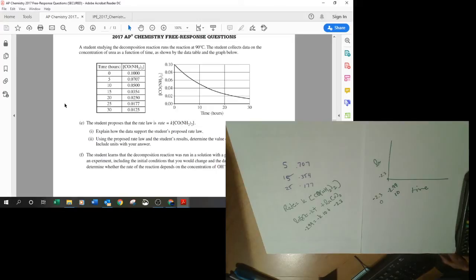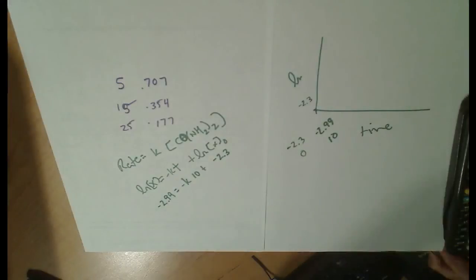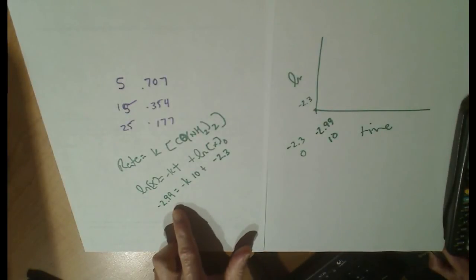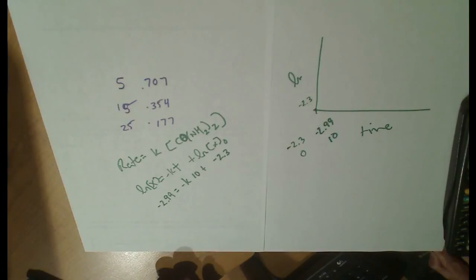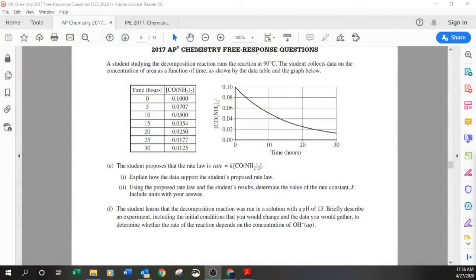That's the sort of nasty thing that they can do to you, but once you get that, and then you figure out the natural log of any 2 points, since it's linear, you should be able to plug those 2 points into the rate law equation. And so then it's just a straight up solve for K. Once you've got K, I believe all they asked you to do was determine the rate law with the value of the constant.